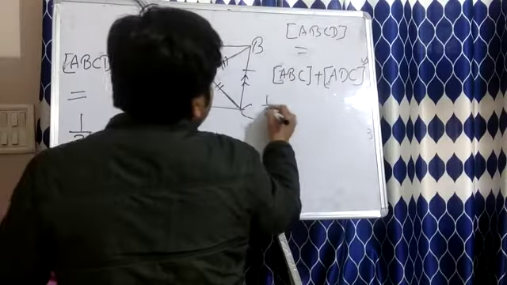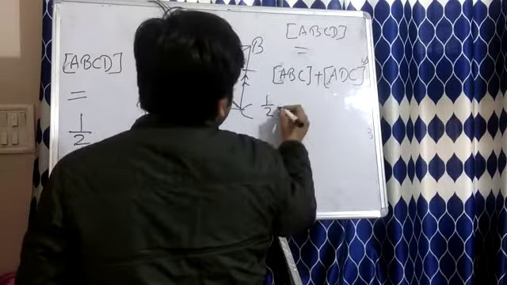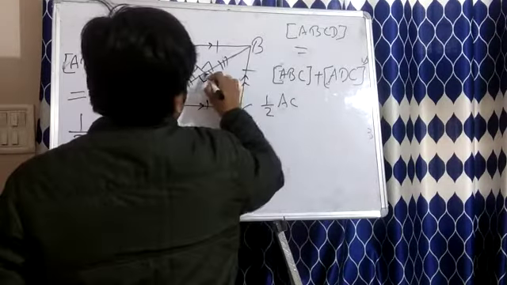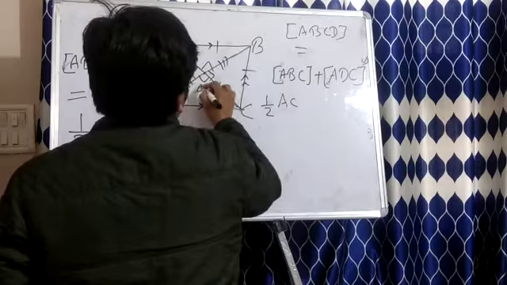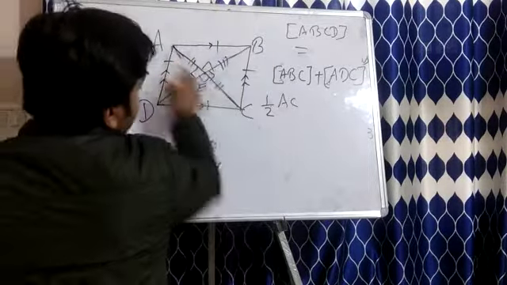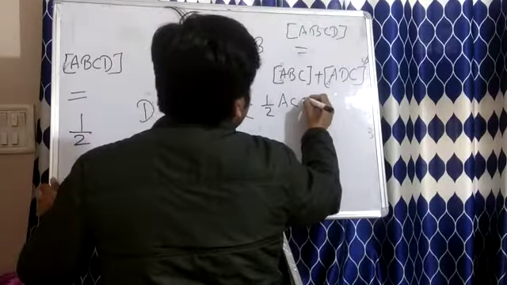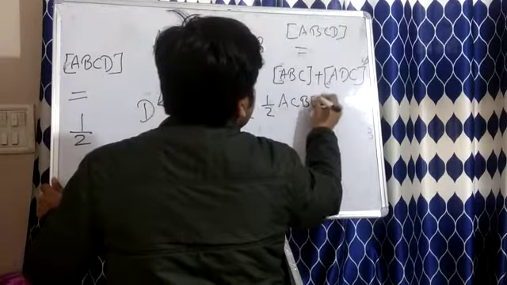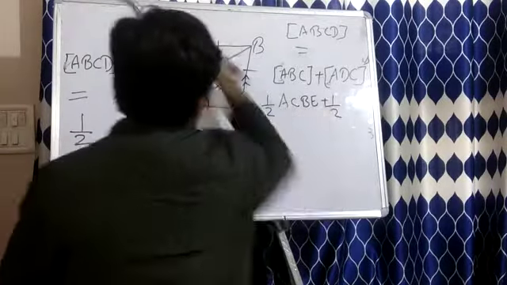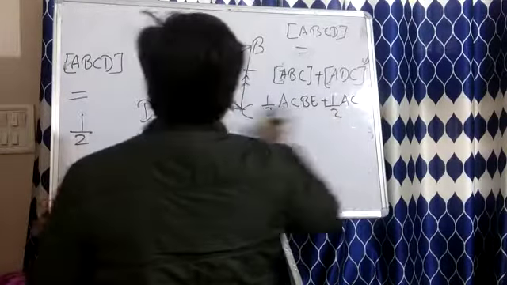AC. And what is the height? Let's call the point of intersection E, then BE is the perpendicular dropped from B to the side AC. This is BE. Similarly, what will the area of triangle ADC be? Half base, again AC. And what is the height? DE.